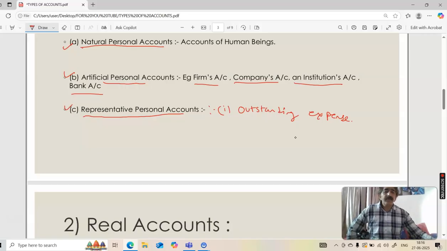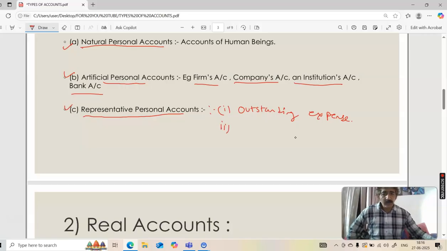Take another example. A company or a firm has not paid the salary of its employees for the last month. So they will open outstanding salaries account. Now this outstanding salaries account is actually representing the right of the workers to receive the salary for the work they have done.